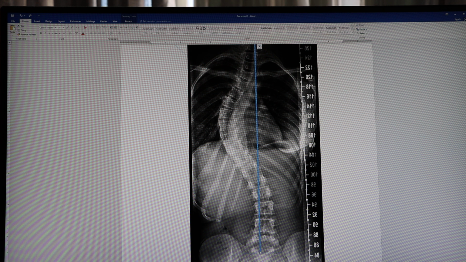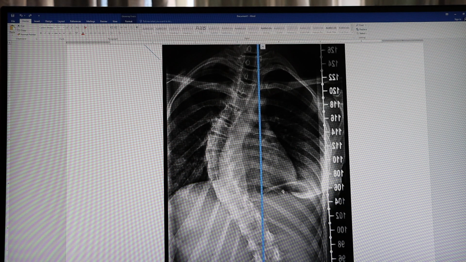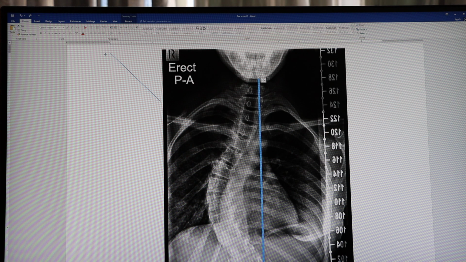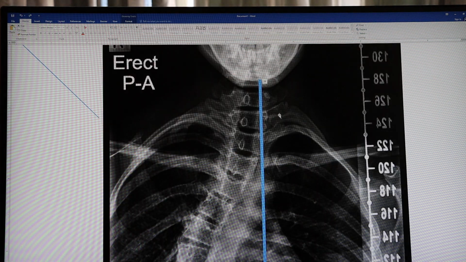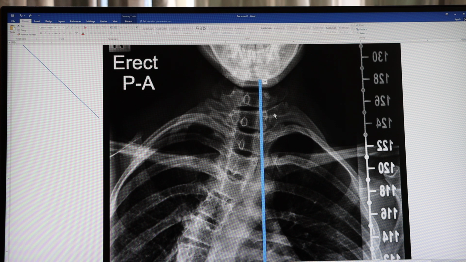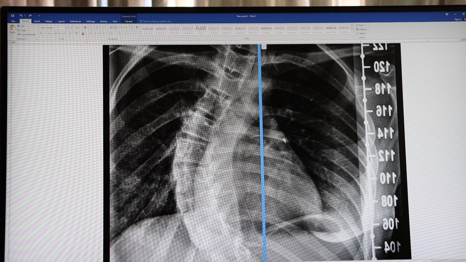Now, just have a quick look here. So this is the heart, these are the clavicles. Always look at the first rib. The first rib has nothing to do with the shape of the other ribs. Look at the shape of the first rib, and then compare it to the second and then to the third, and so on and so forth.